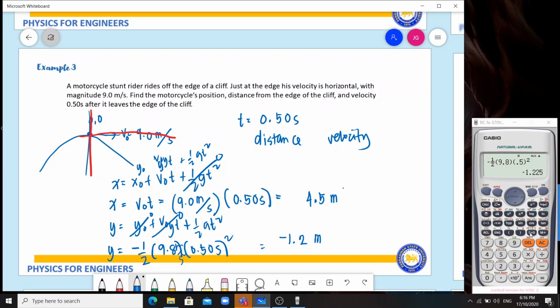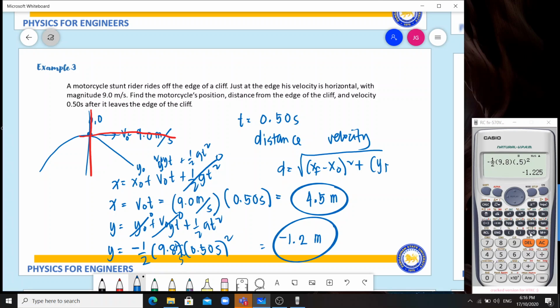Okay. Now, distance from the cliff. Ito yung x coordinate natin and the y coordinate. So, distance yung hinahanap, so dapat magnitude ang ibibigay natin. Distance is equivalent sa square root of x final minus x initial squared plus y final minus y initial squared. Distance formula yan. Ang x initial and y initial is 0. So, automatically, that is 4.5 meter squared plus negative 1.2 meter squared.